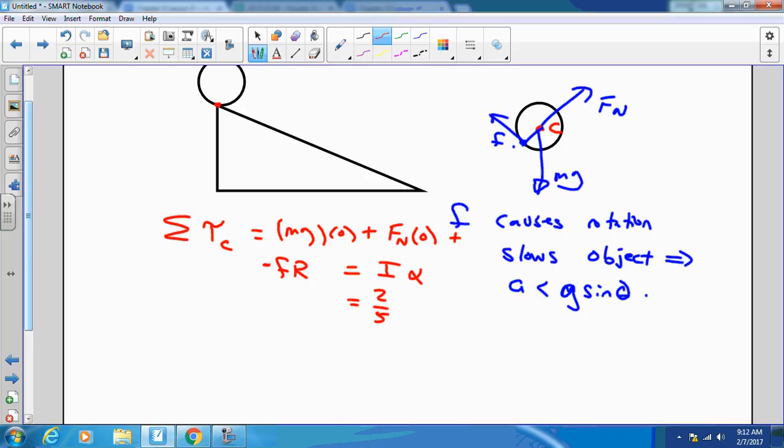And that sum of torques is equal to I times alpha. Since we're dealing with a solid sphere, our I is 2/5 mr squared, like so.